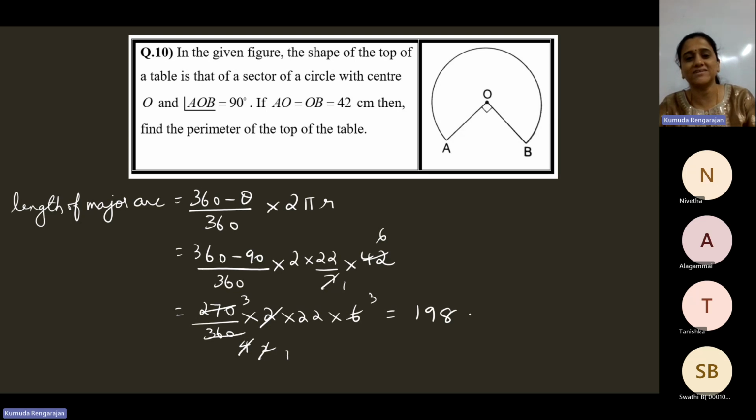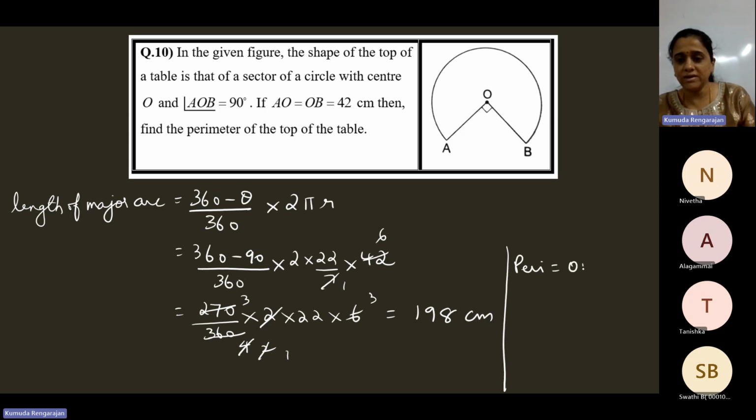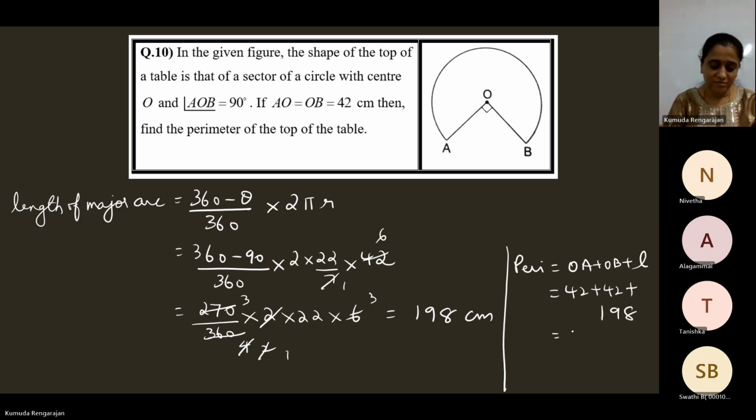Okay, 198 centimeters. So the required perimeter of the tabletop is equal to OA plus OB plus length of arc. That is 42 plus 42 plus 198, which is 84 plus 198, 282 centimeters. All right.